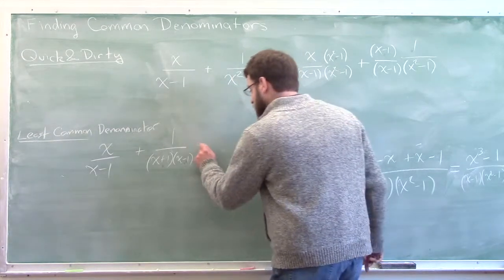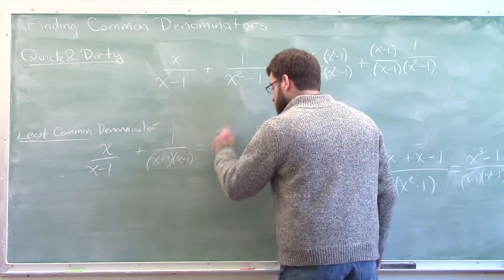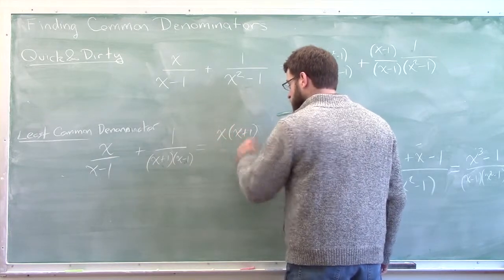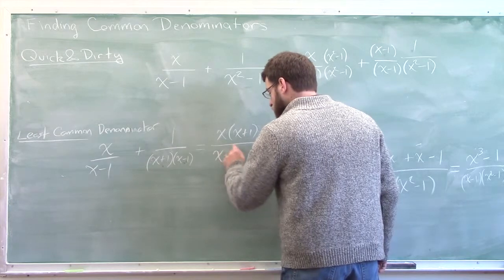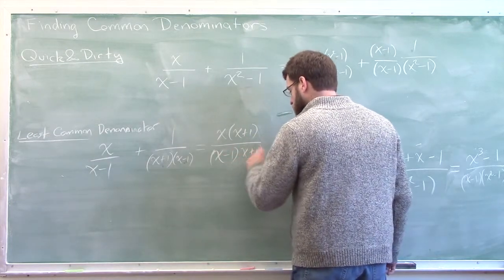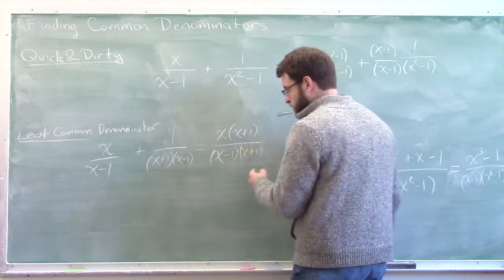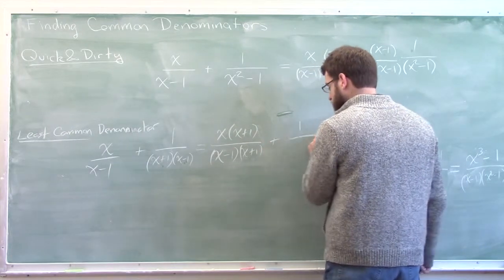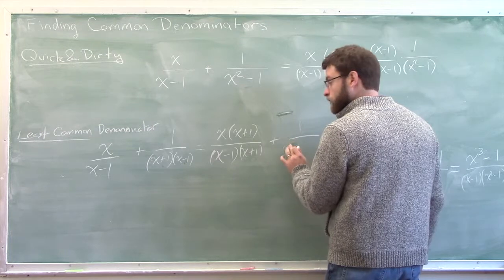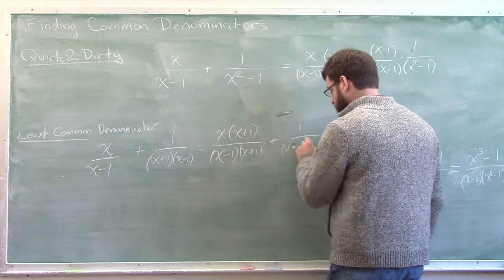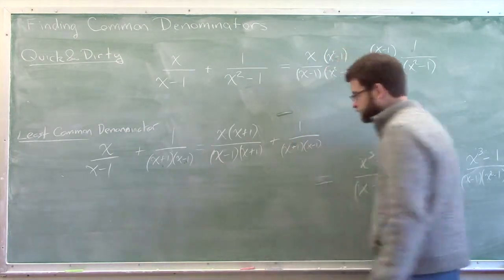So if we introduce that, we get x times x plus 1 divided by x minus 1, x plus 1. That's the factor that we're introducing. And then we're adding that to this other piece. Plus 1 over x plus 1, x minus 1.